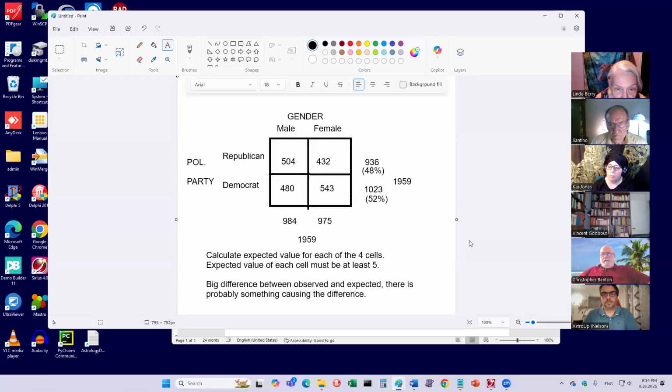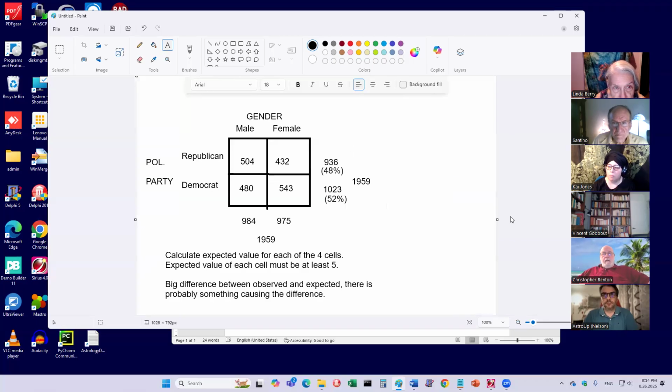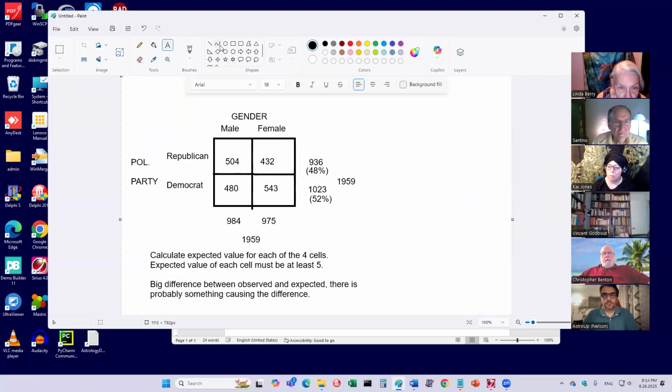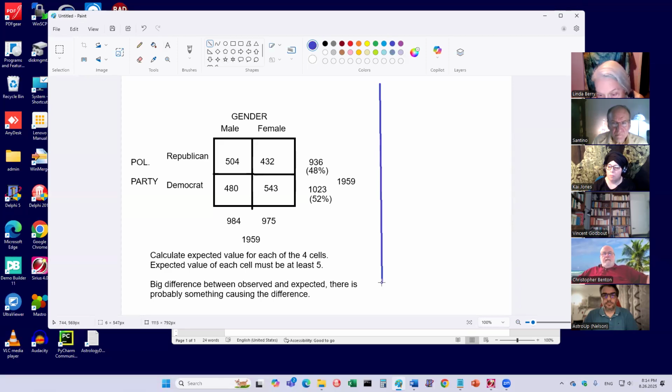In the z-test for 2 proportions, anytime you hear a z being used, that implies there's a normal distribution involved, which is going to be your bell-shaped curve. For the z-test for 2 proportions, you usually have something like this.